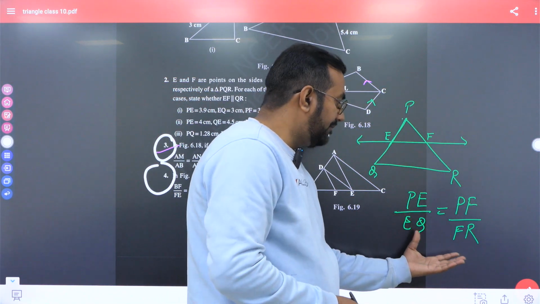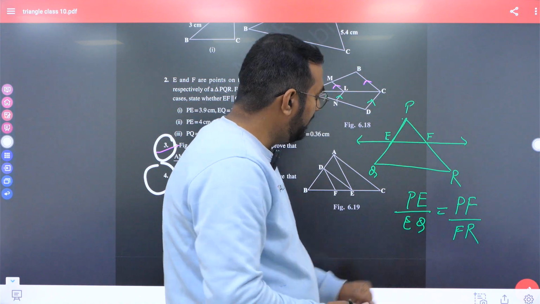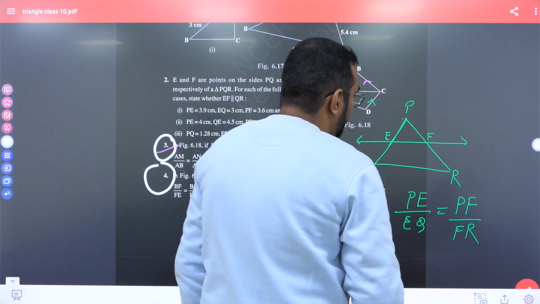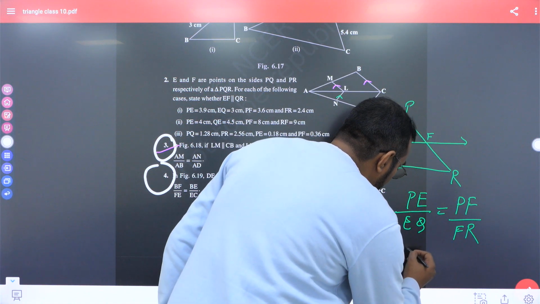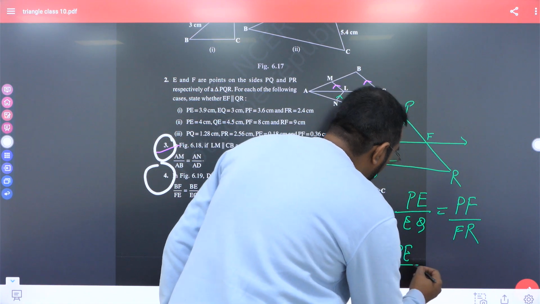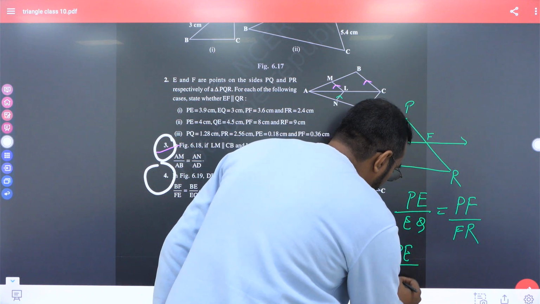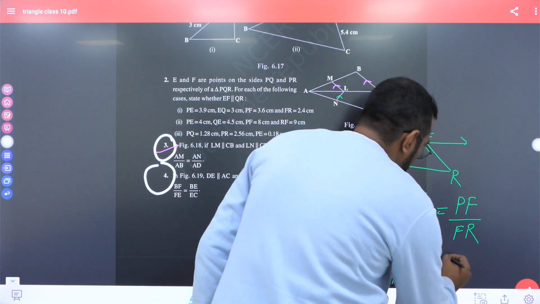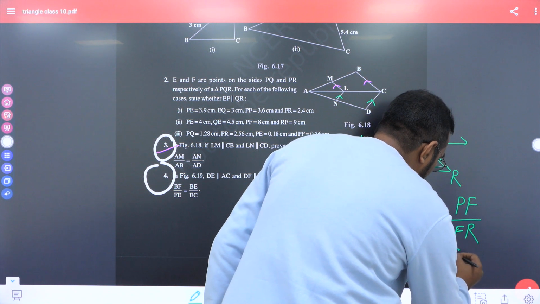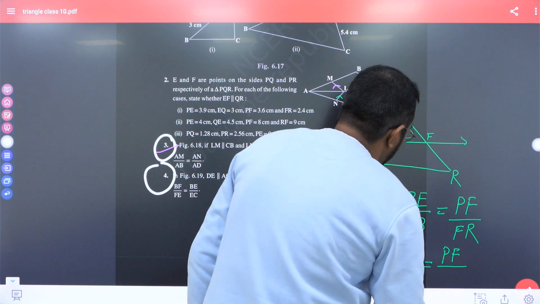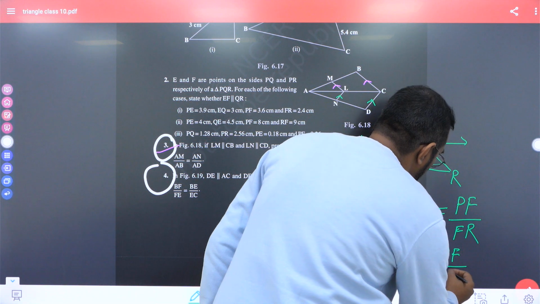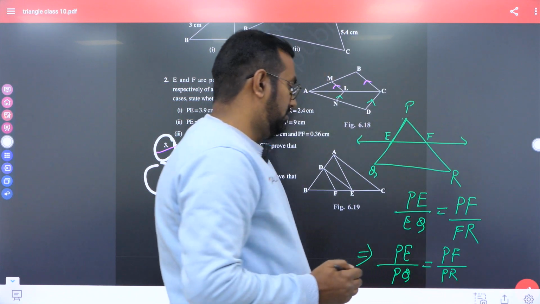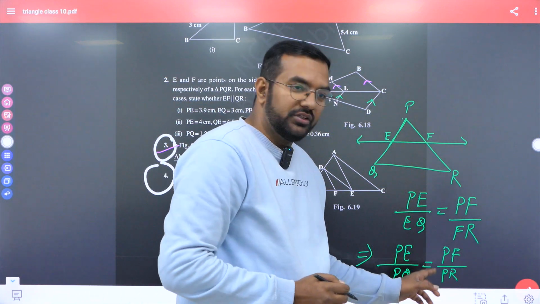If you have already proved it, then you can write that PE upon PQ is equal to PF upon PR. In that class I explained this to you.